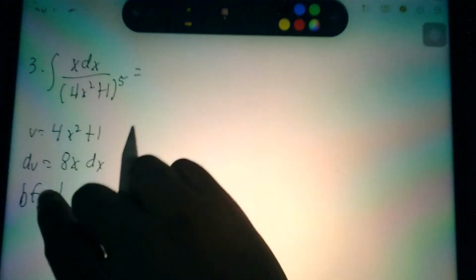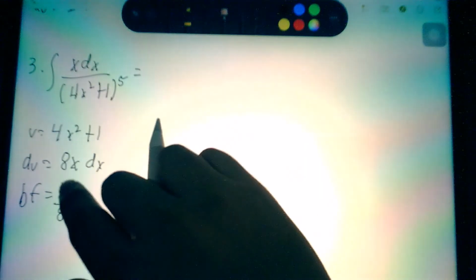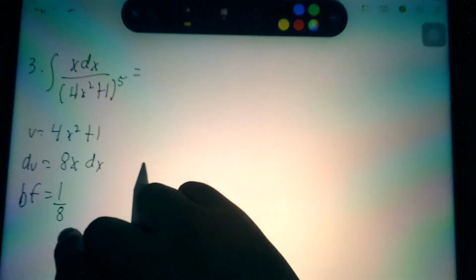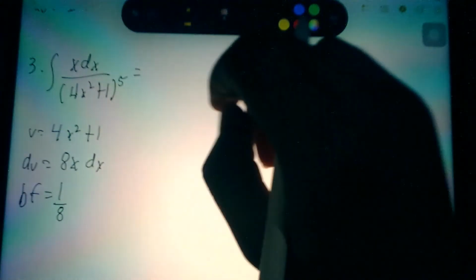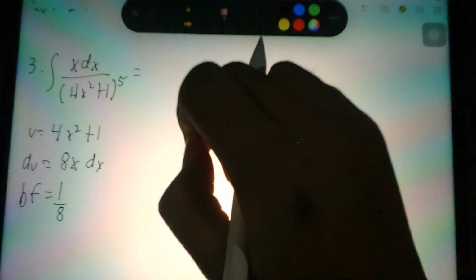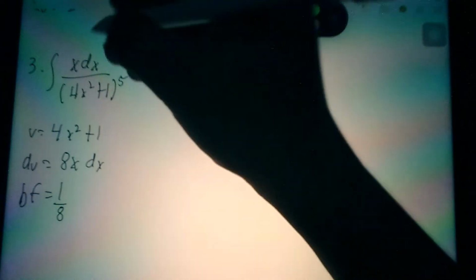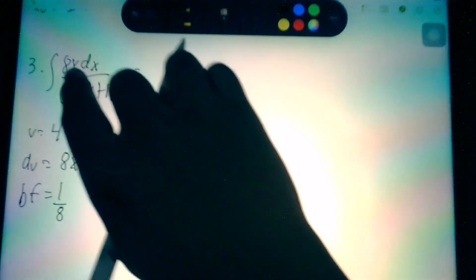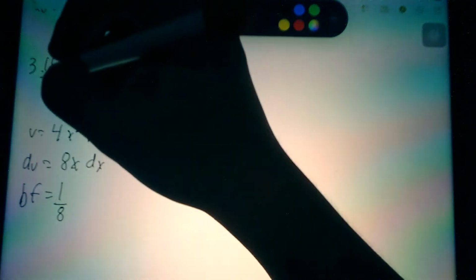So guys, for the balancing factor, if your du is a whole number, your balancing factor must be a fraction to cancel each other out. Let's put here 8x. To cancel the 8 here, we'll put 1/8 outside.